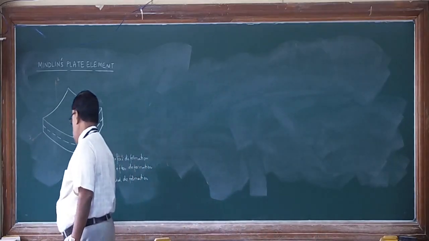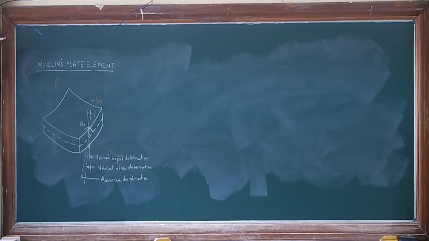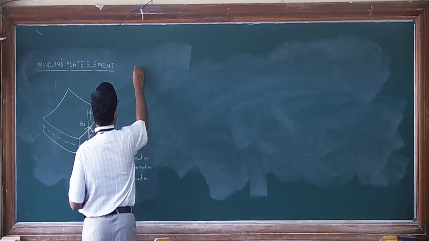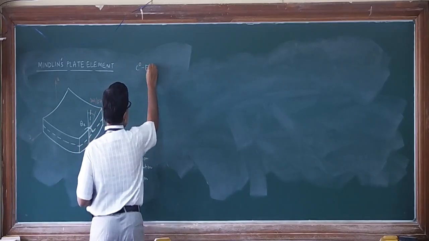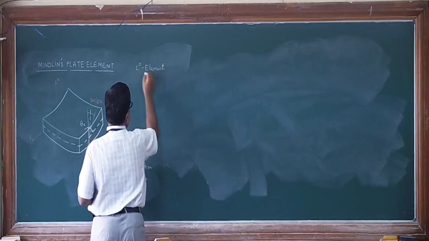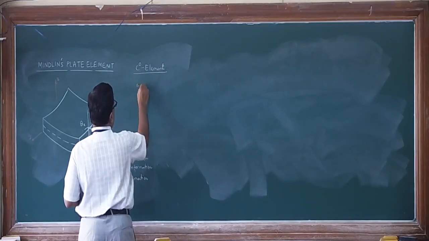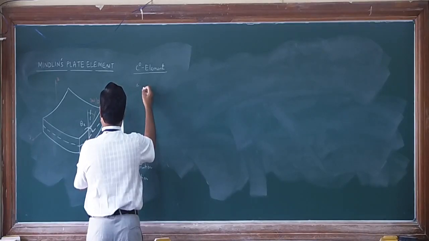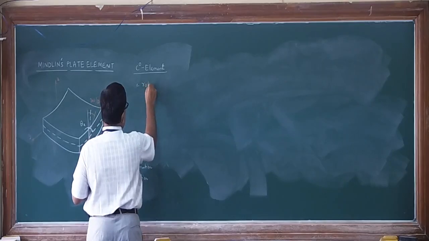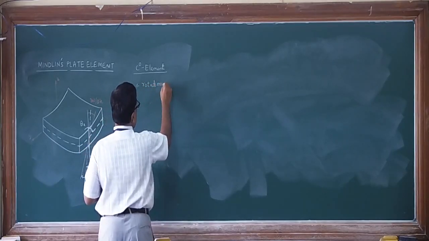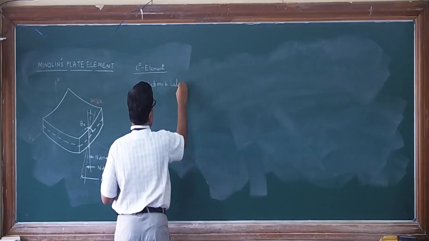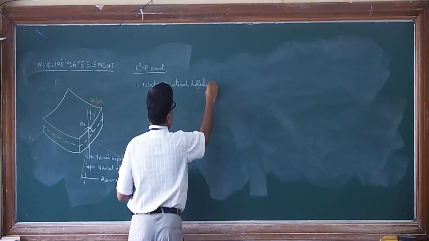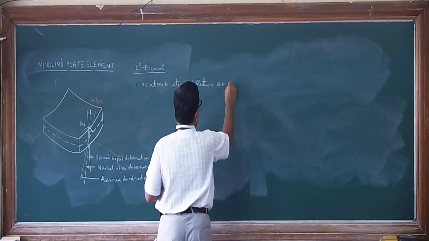So therefore, Mindlin's is one of the very important assumptions. See, he has got three important assumptions. Let us quickly note that down. First, this is nothing but a C0 element. Please remember, this is the C0 element. First point to be noted down here is that rotation and lateral deflections both are decoupled.